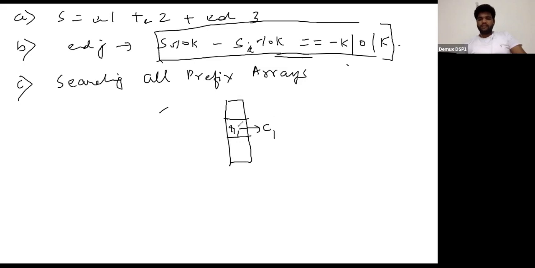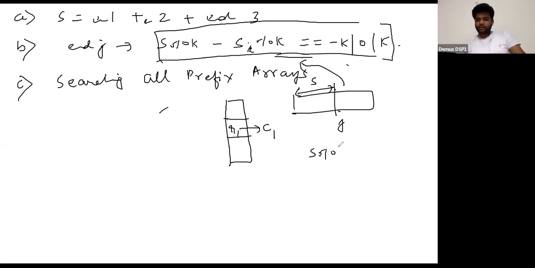So this entry in the hash table contains the total number of prefix arrays whose sum modulo k is R1, right? Now I can store that so that when I am at a particular j, I can easily find it. I will find out this remainder. Because I know the cumulative sum till j, let's say that is S. So I can find out S modulo k. Let's call this R.